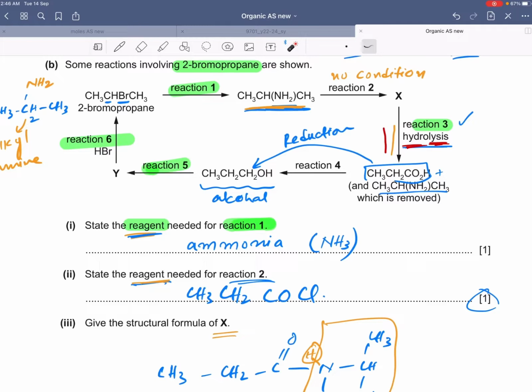So that means Y is some alkene, because only alkenes can react with hydrogen halides to give us alkyl halides. So if Y is alkene, that means alcohol is converting into Y, and this is elimination, dehydration. We are losing a water molecule here, so this is elimination.